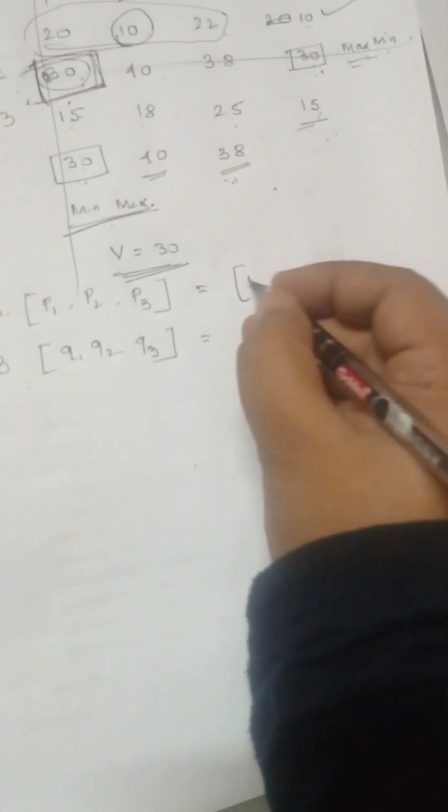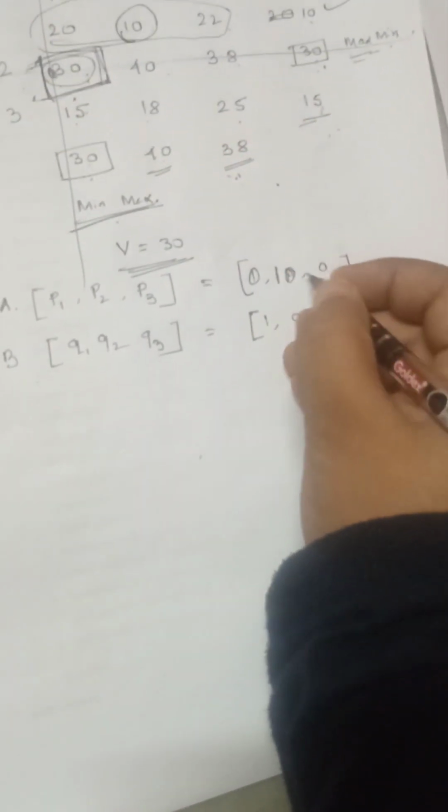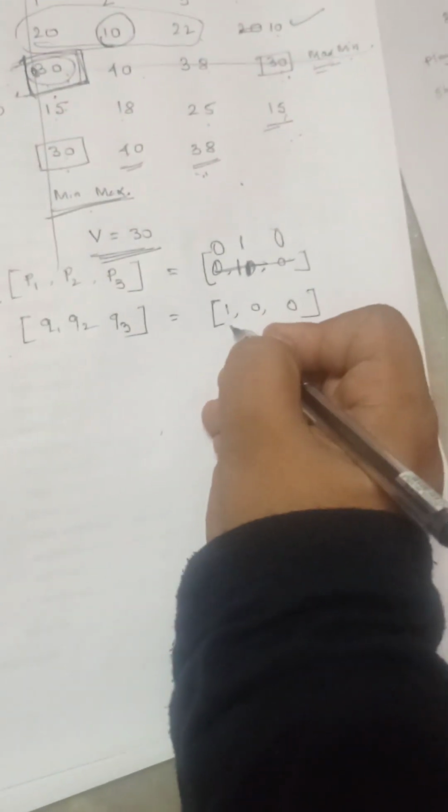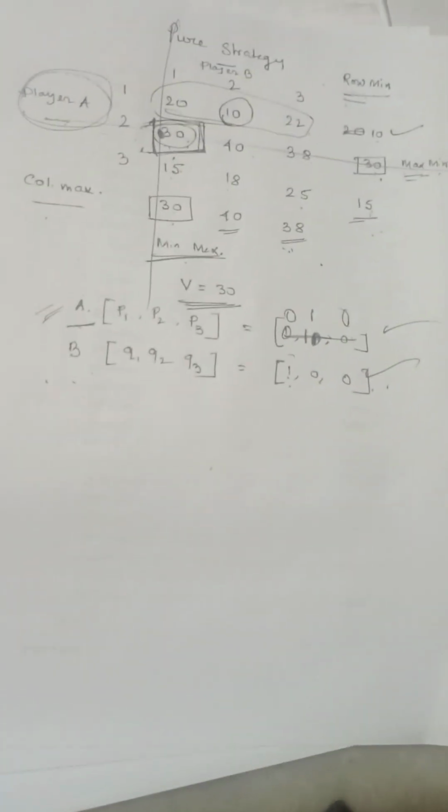So this will be 0, 1 and 0, because player A chooses the second row, and player B chooses the first column. So 1, 0, 0. Player A's strategy will be this one and player B's strategy will be this one. So that is all about your problem for the pure strategy.